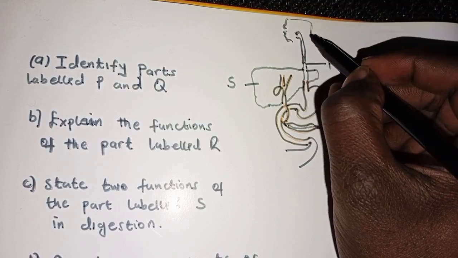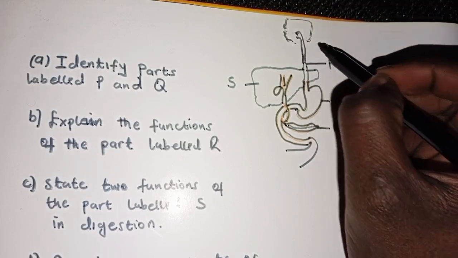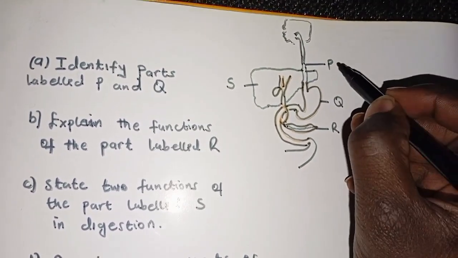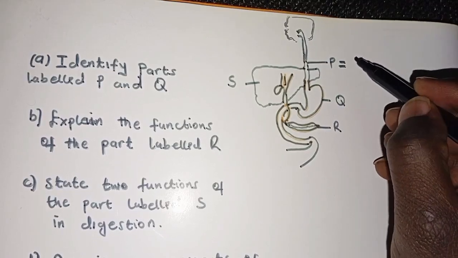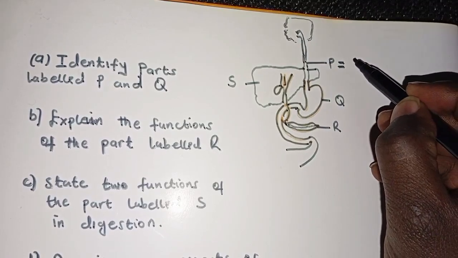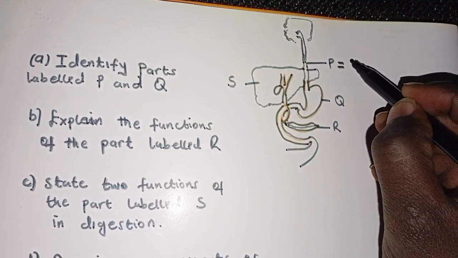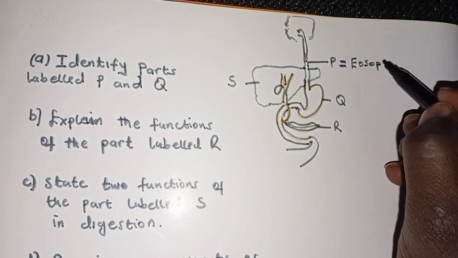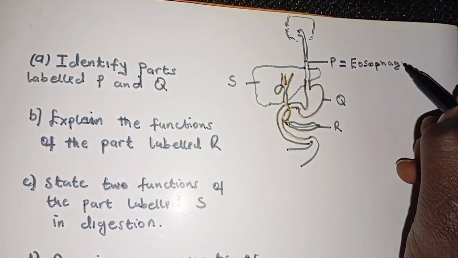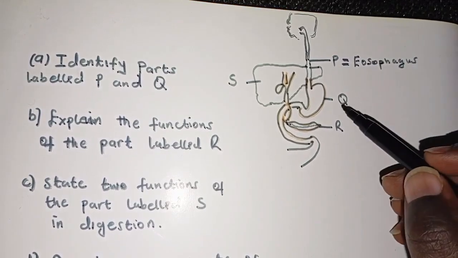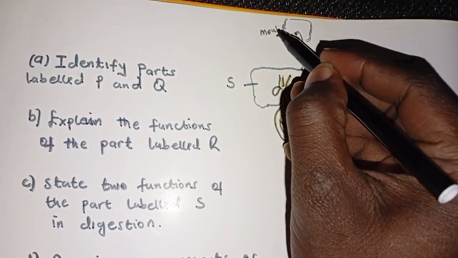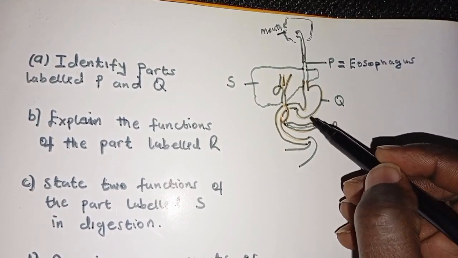So this is the head. This is where P leads to, and P is called the esophagus. The name starts with E. It's just a tube that connects the mouth all the way to the stomach.